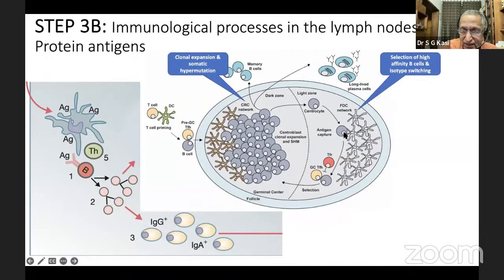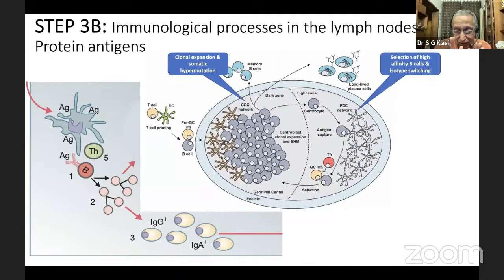These centrocytes pick up antigens which are on the follicular dendritic cells. They internalize it and present it to the T follicular helper cells. The T follicular helper cell decides whether this antibody produced by this particular cell is of very superior quality.